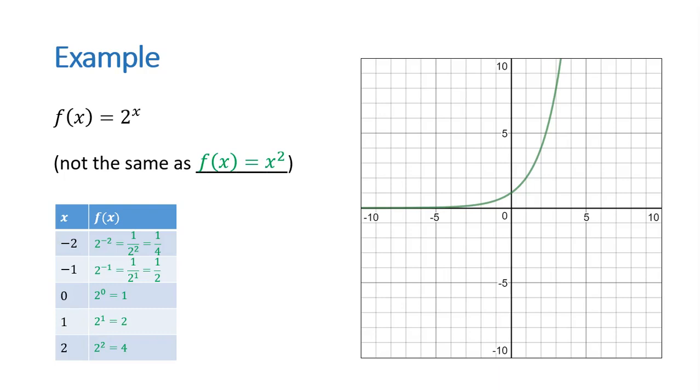So we get infinitely close to an output of 0, which would correspond to a point on the x-axis, but we're never actually going to reach that point where we would have an output of 0. So our domain is all real numbers. We can plug in any number we want as an exponent, apply it to our base, and we can get an output. Our range, however, is going to be everything from 0 to infinity, but not including 0.